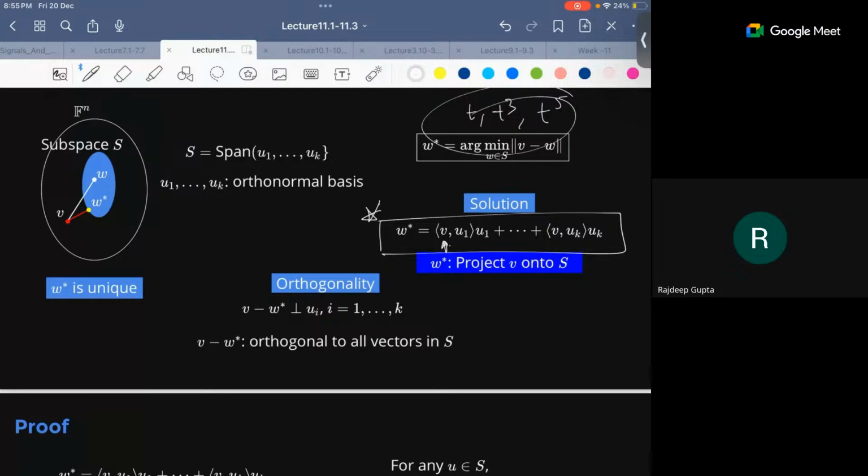You were given some span, three or four vectors, and asked to calculate the closest point, using the same formula. So here also you'll be doing the same thing. Only the problem here is that instead of vectors you now have signals, and for each signal you have a different formula.